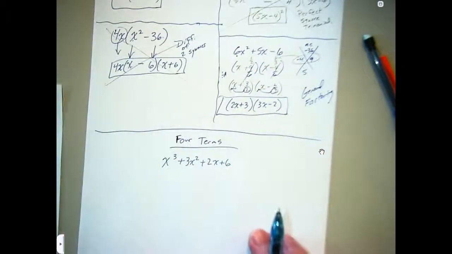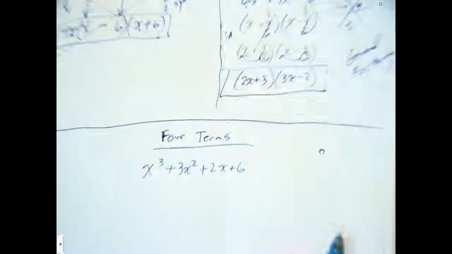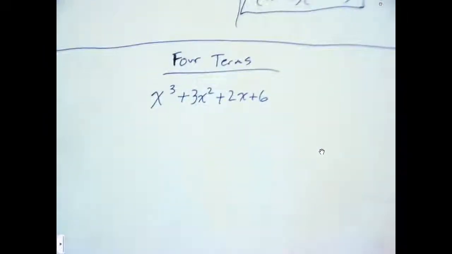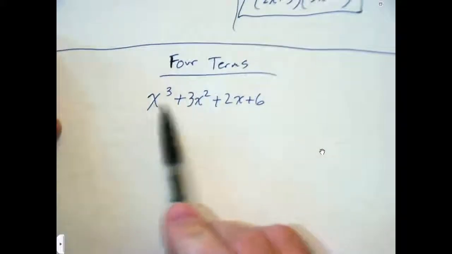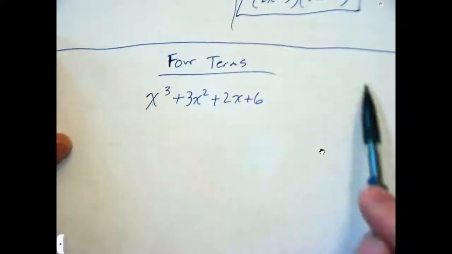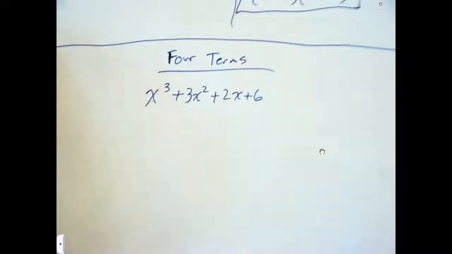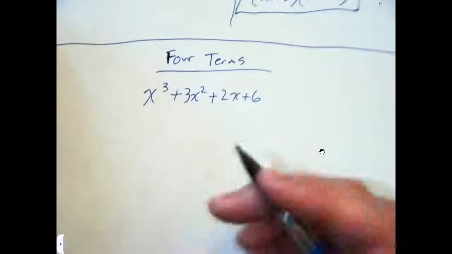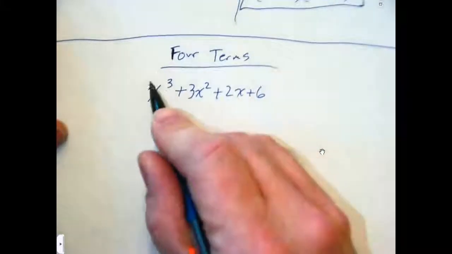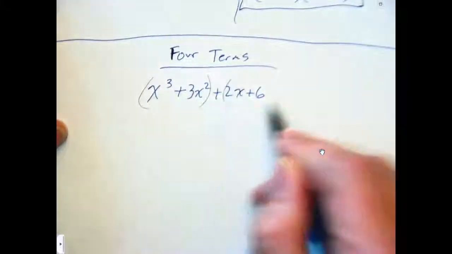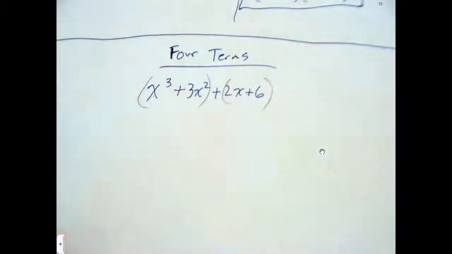I'm going to work through it right here. If there are 4 terms, the first thing you should always do is ask, is there anything that will come out of all 4? No. Almost an x, but there's no x here, so we can't do it. So, with that, you're going to make up 2 groups. So draw some parentheses in there.